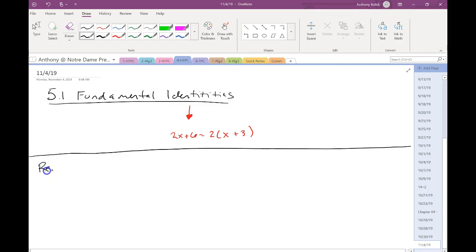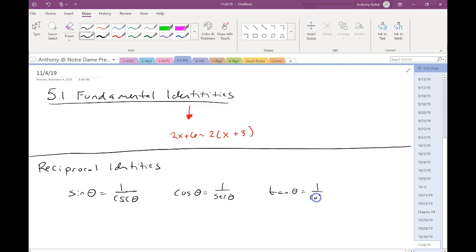The first set of identities that we're going to talk about are called the reciprocal identities. And these six are things that we've talked about expressly. So way back when we talked about right triangle trig and we defined the 6 trig functions, we talked about the observation that sine and cosecant were reciprocals, that cosine and secant were reciprocals, and that tangent and cotangent were reciprocals.